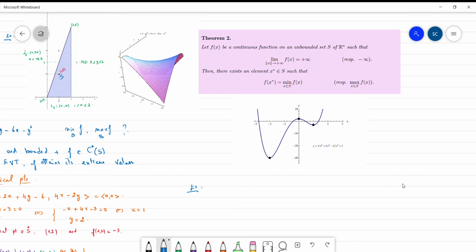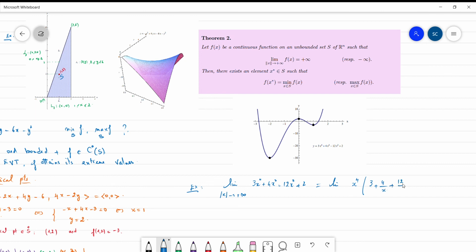So here we will look at the limit behavior of my function, which is 3x^4 + 4x^3 - 12x^2 + 2, as the absolute value of x goes to infinity. For a polynomial, usually we take the highest term, the term that is dominating the behavior of our function.